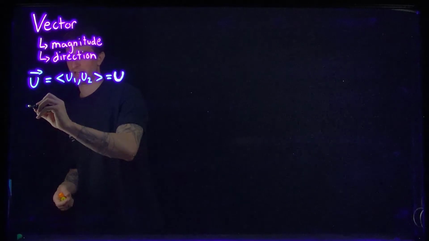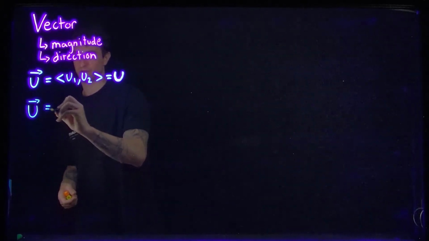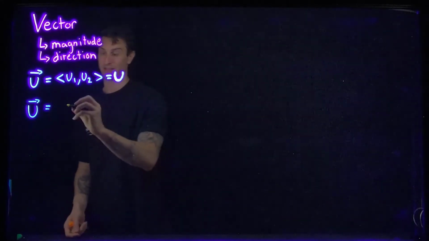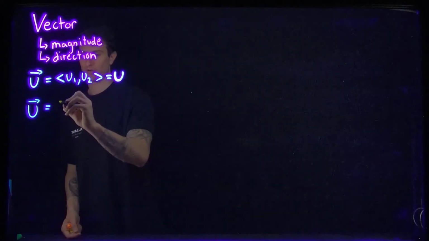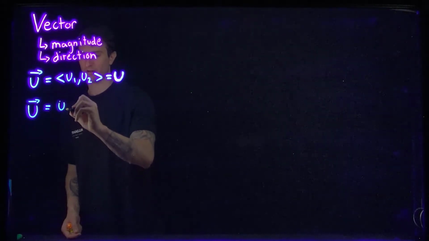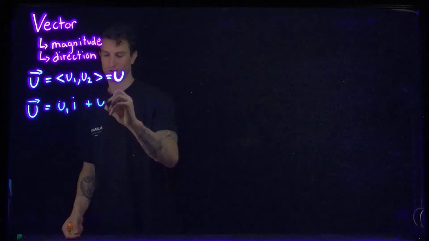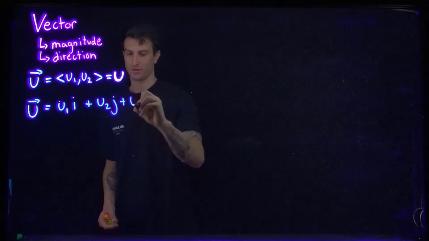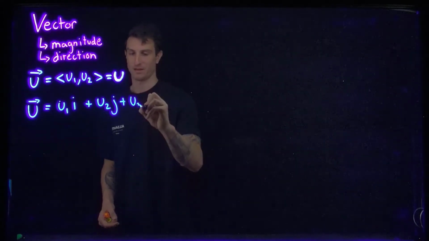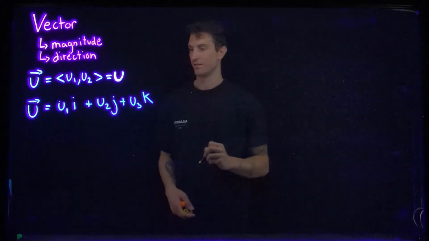So let's say vector U is going to be equal to some constants, so let's use U1i plus U2j plus U3, let's say, k. So this would be a three-dimensional vector.